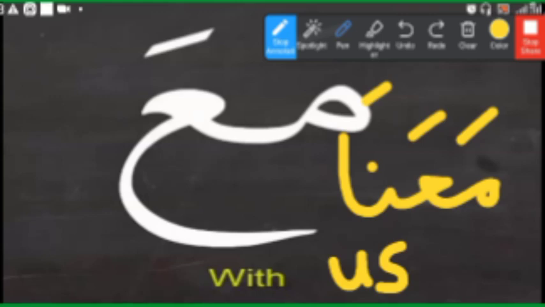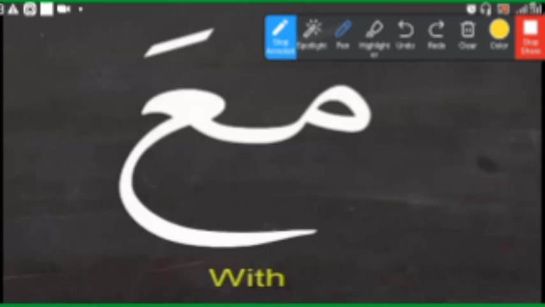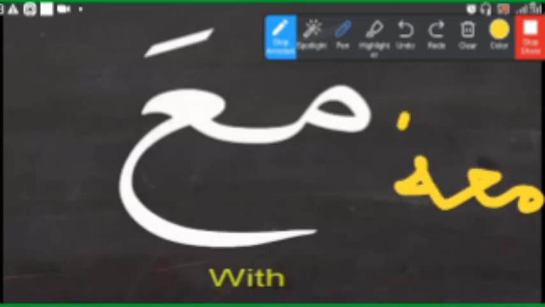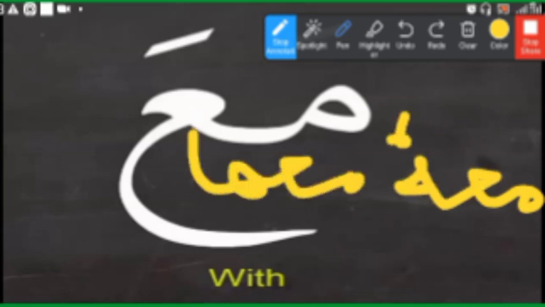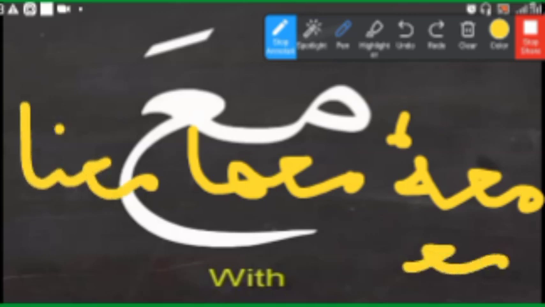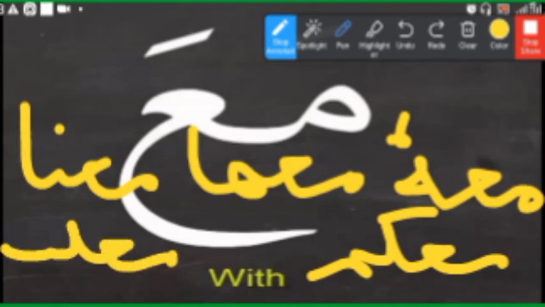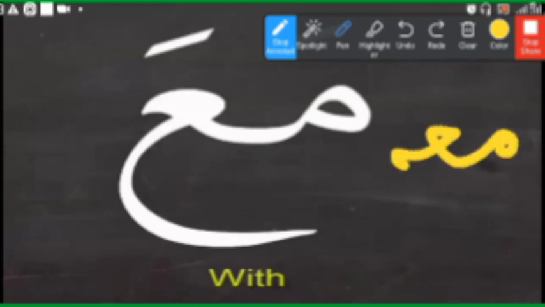It's the object pronoun, as we have discussed earlier. So ma'ahu, ma'aha, ma'ana, and ma'akum, and just like that, ma'aka or ma'aki, and it can be ma'akuma, and it can also be ma'iya. But there occurs a change in the word ma'iya. Ma'i, with me.